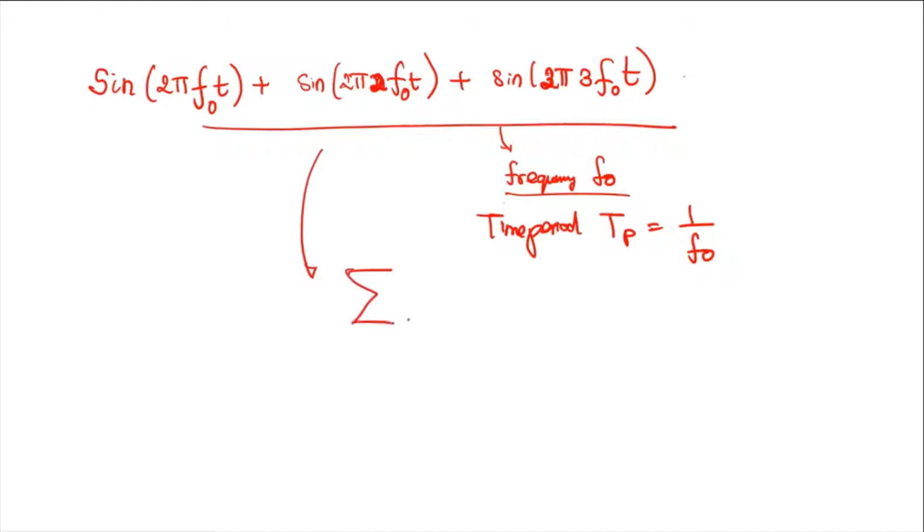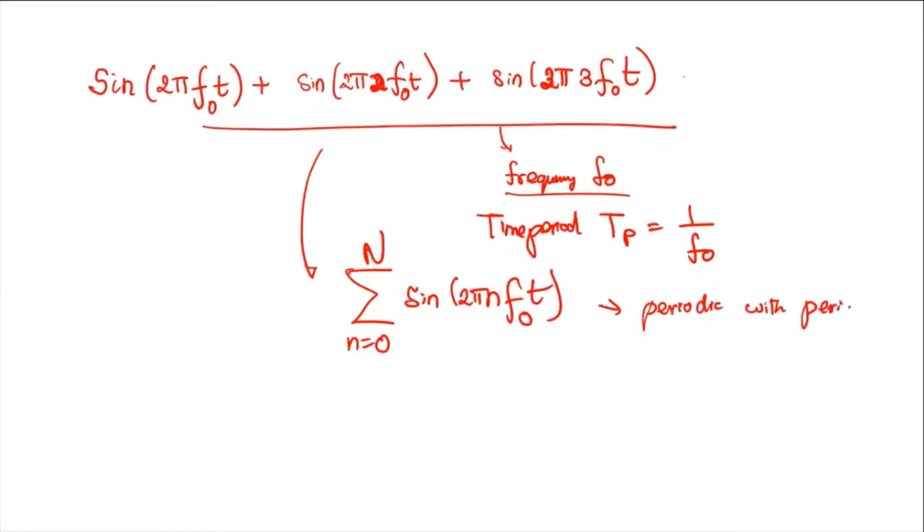Basically you can add sine of 2 pi times n times f naught times t, for n equals 0 to capital N. This is going to be periodic with period T equals 1 by f naught.